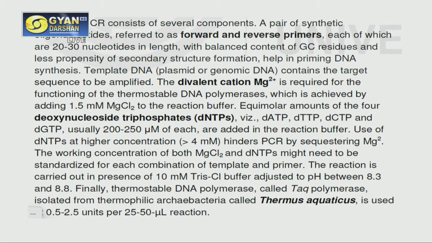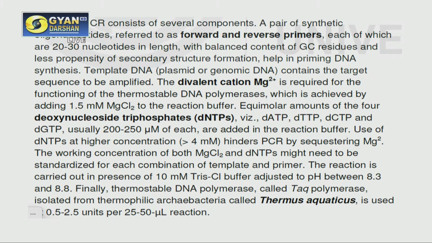If we now quickly look at it, or rather, what are the things that you need for undergoing a PCR reaction? So, first of all, you need a pair of synthetic oligonucleotide primers, and these primers are designated as forward and reverse primer. That is, if you know the sequence of the gene, then from the 5' end, you have to design one primer, and from the 3' end, you have to design another primer.